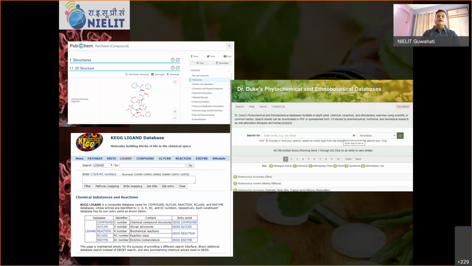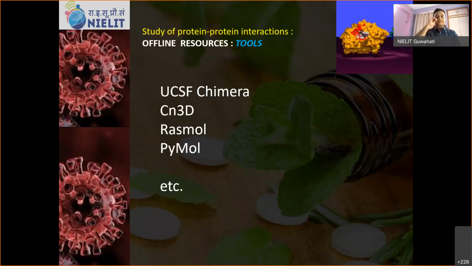So we can identify the exact molecule which will work. These are some tools we can use: UCSF Chimera, Cn3D, RasMol, PyMOL to view the three-dimensional structure of proteins and small molecules.